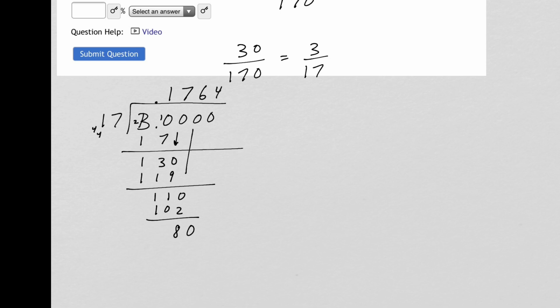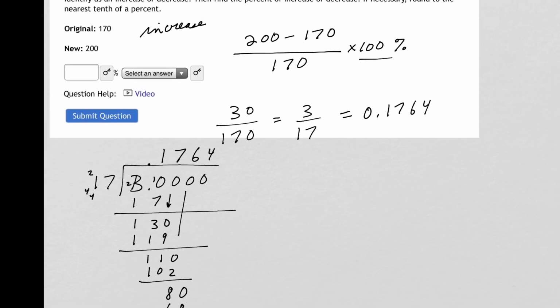So this is going to be 28. 4 times 1 is 4, plus 2 is 6. Subtract, so this is 2, 1, 0. And we can keep going, but I have enough now to find, right? Remember, I want my answer to the nearest tenth of a percent. So this is a decimal now, right? It's around 0.1764.